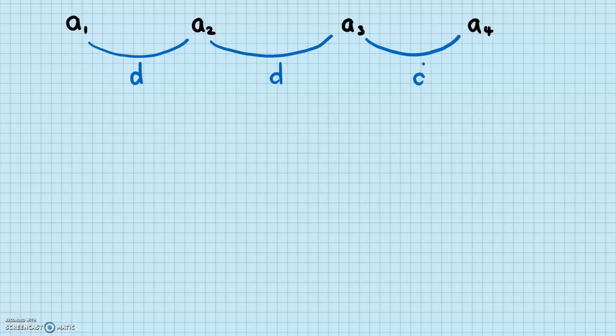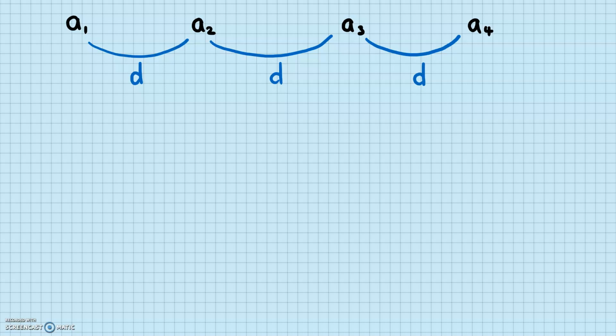It starts with a sub 1, and then a sub 2, and then a sub 3, and then a sub 4. And because it's an arithmetic sequence, it's going to have a common difference. So let's say that our common difference is D.